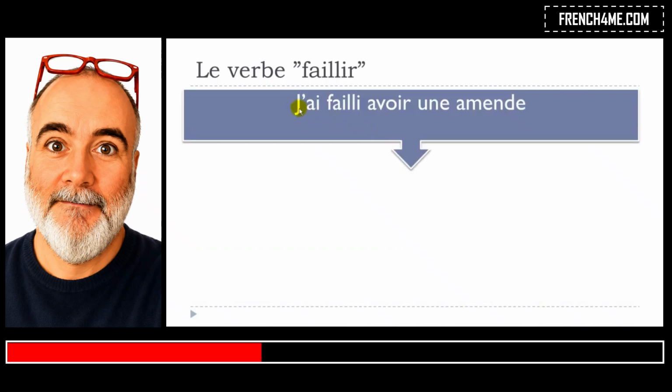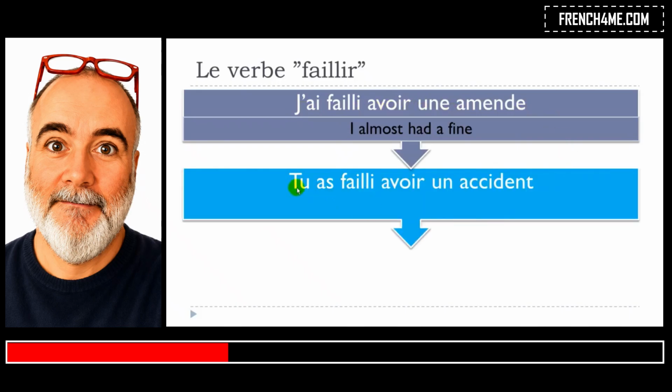Alright? So it will go like j'ai failli avoir une amende. I almost had a fine. Okay? So you can see here that it's actually this passé composé form that we just encountered a few minutes ago. J'ai failli avoir une amende.